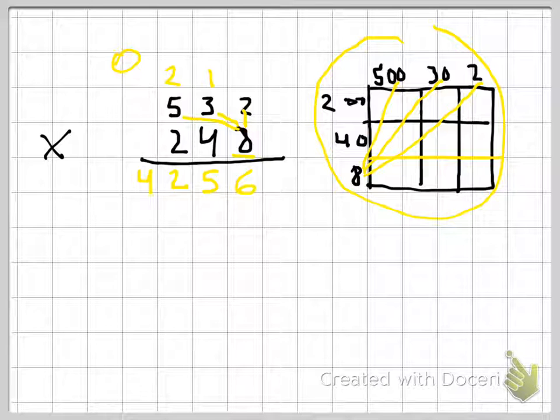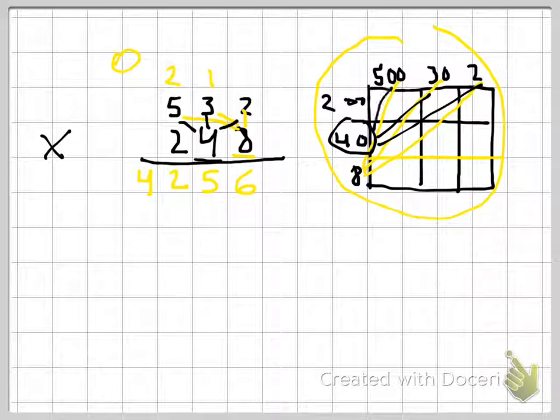Okay. Now I go to the tens, right? And just like with the 8 in the ones place, it takes a turn with the ones, with the tens, and then with the hundreds. Now here, I could do that, but it doesn't matter, but here it does.